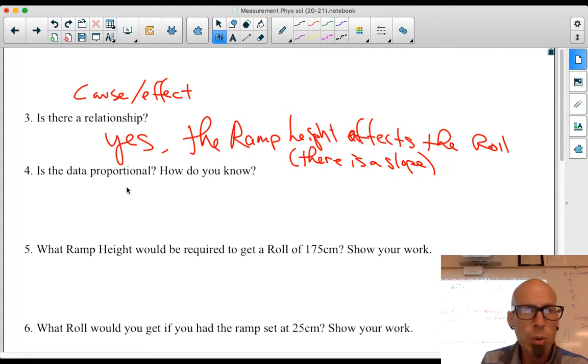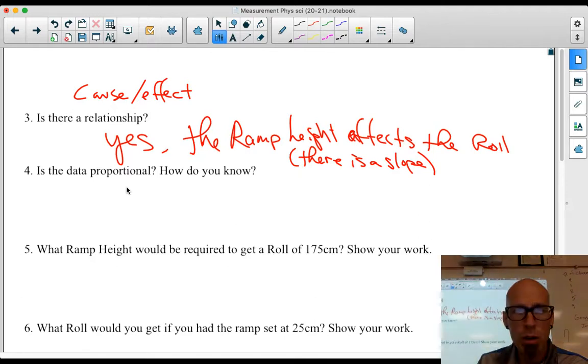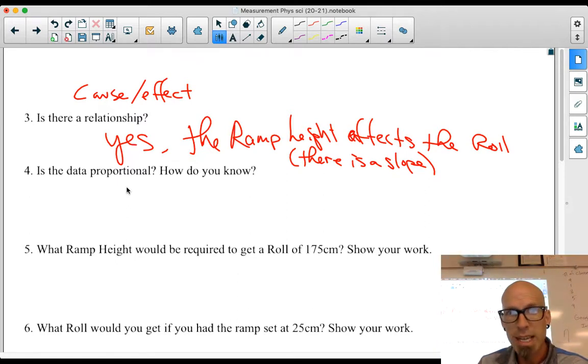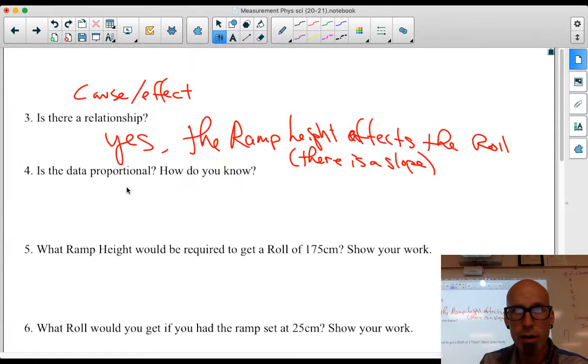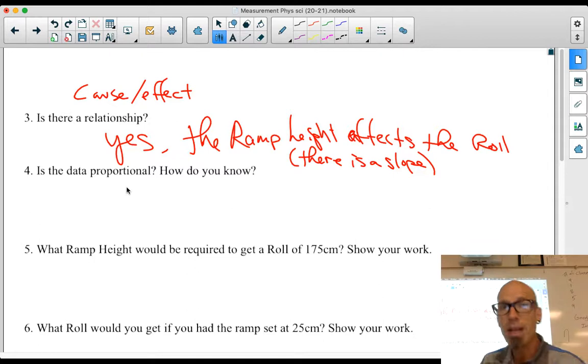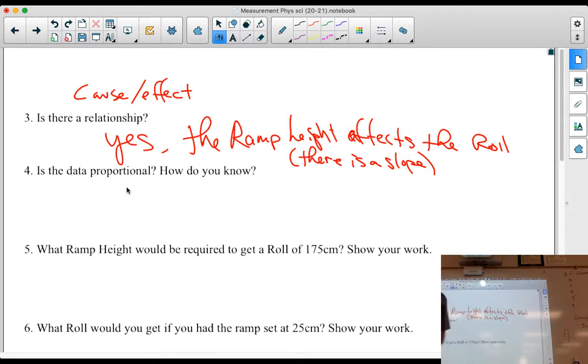Now, is the data proportional, and how do you know? Well, what we said the other day about proportional, remember, a proportion is a ratio. And so, is there a ratio to this data? Yeah, I would say there is going to be a ratio here because it has a slope. So is the data proportional? Yes, because, and again, how do you know? It's linear.